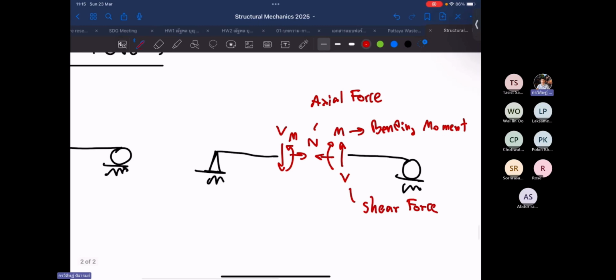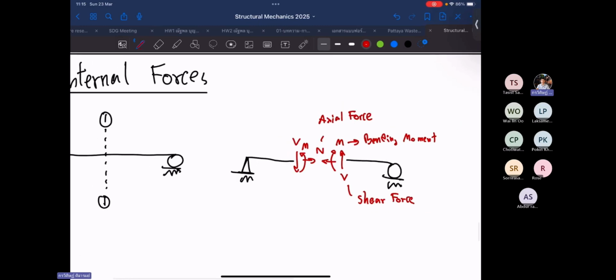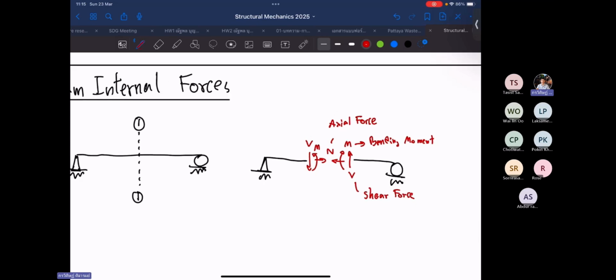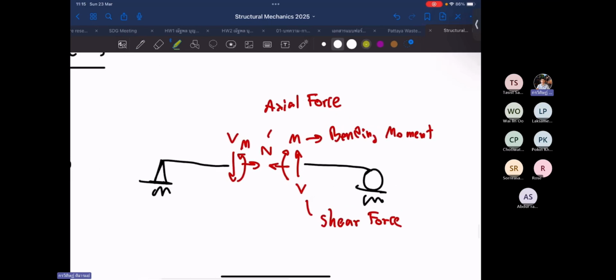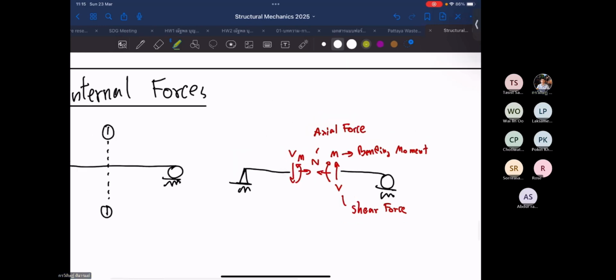Okay, and these internal forces are the ones that generate stresses in your structure. So it is our task to determine these components. But as I said to you, the axial force is typically very small. The main forces are the bending moment and the shear force.